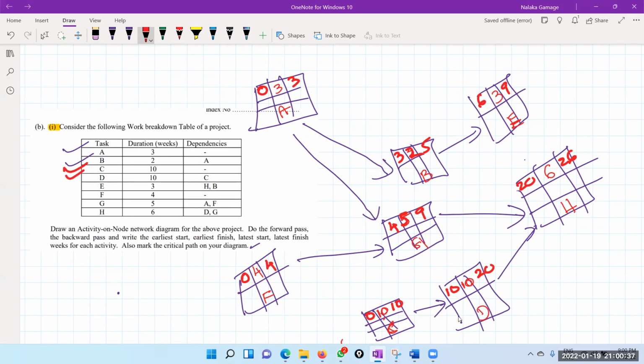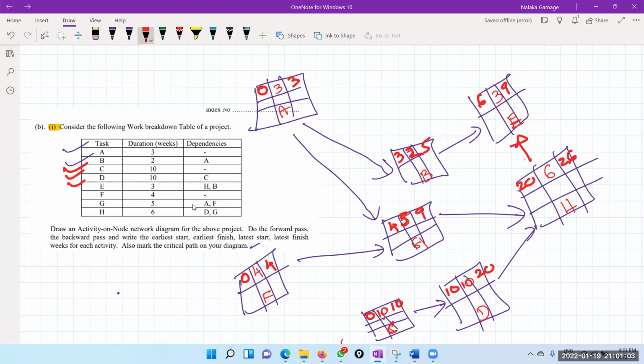D task duration is 10. It depends on C, correct. E task duration is 3, and it depends on H and B. Okay, this is B, and it depends on H also. That we missed last time.